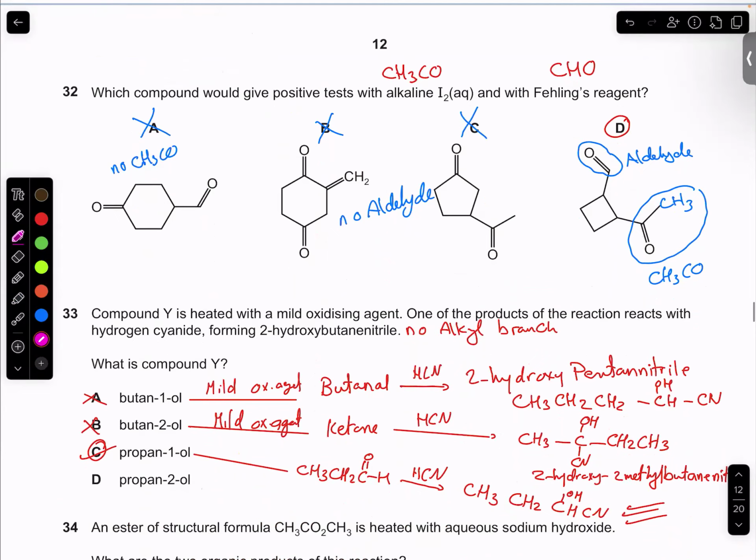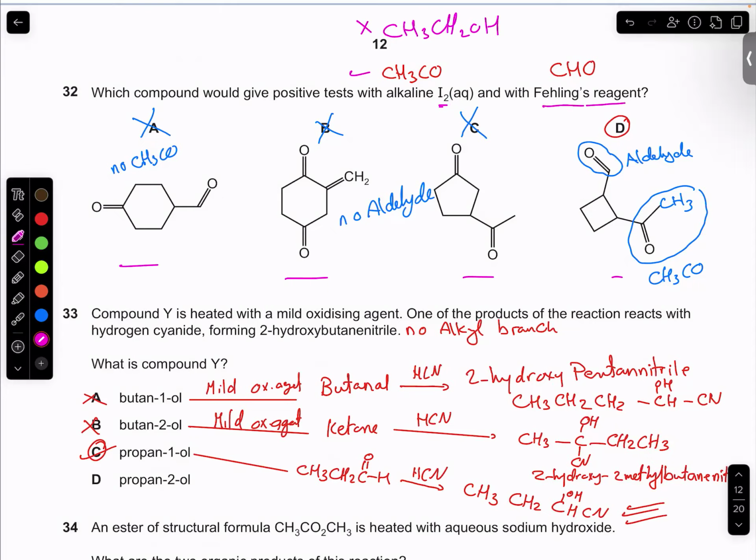Question 31. Which compound would give a positive test with alkaline I2? Of course alkaline I2 searches for CH3CO or CH3CH2OH. Okay, since in the choices we don't have alcohol, we are not searching for this, we are searching for this.